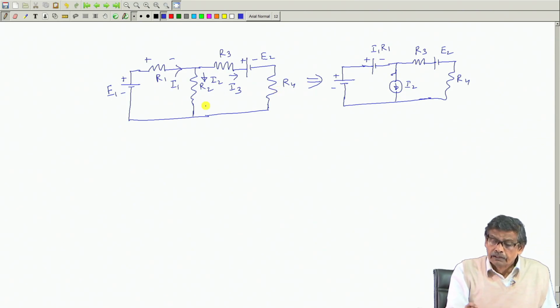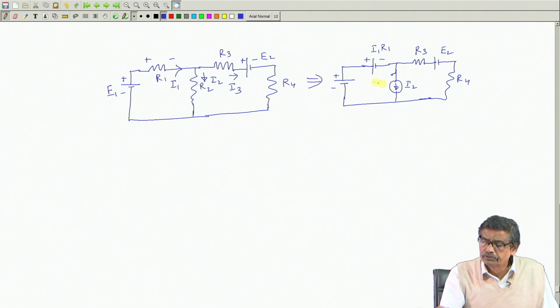Suppose I1, I2, I3 are the unknown, actual currents in this network. This branch can be replaced by a current source. These are not identical networks, but so far as this network and this network are concerned, when this R2 is replaced by a current source I2, they are equivalent in the sense that all the branch currents and node voltages will remain the same.